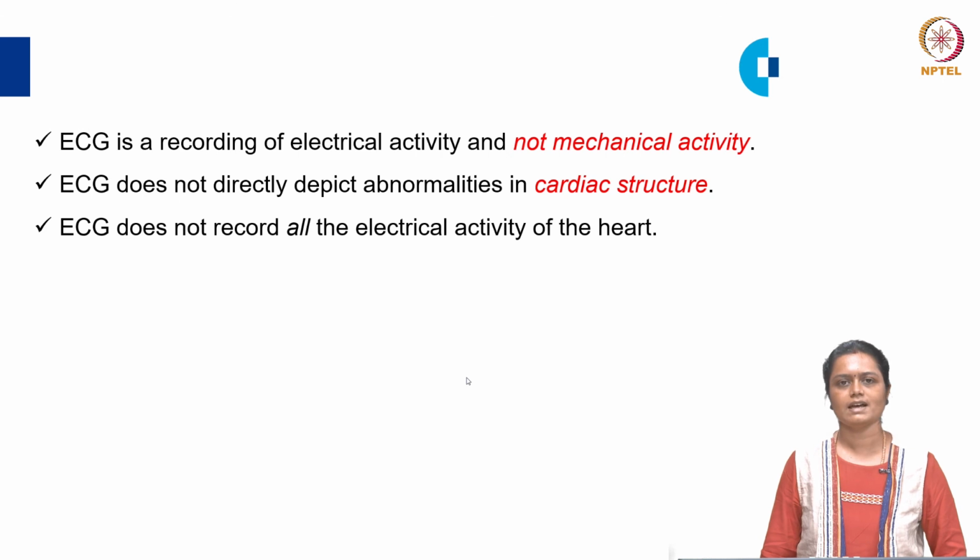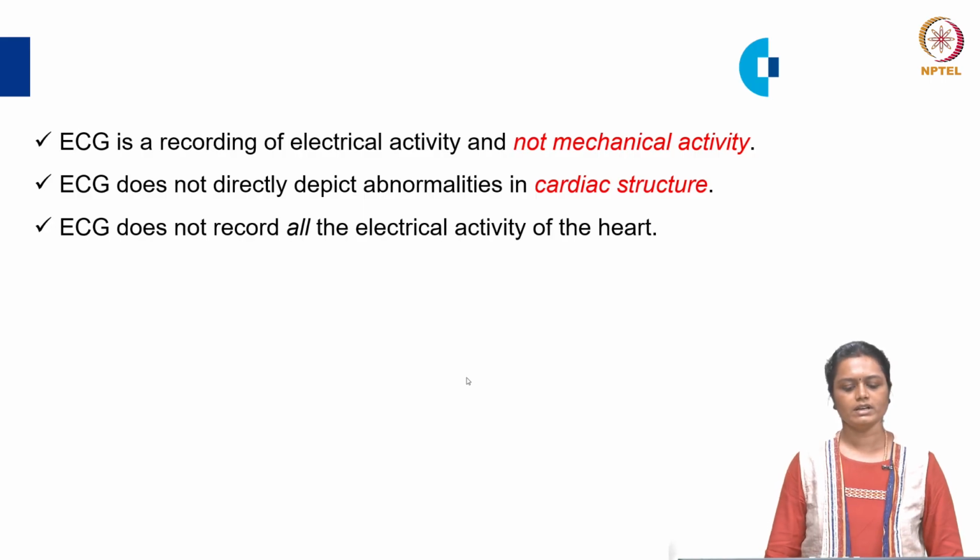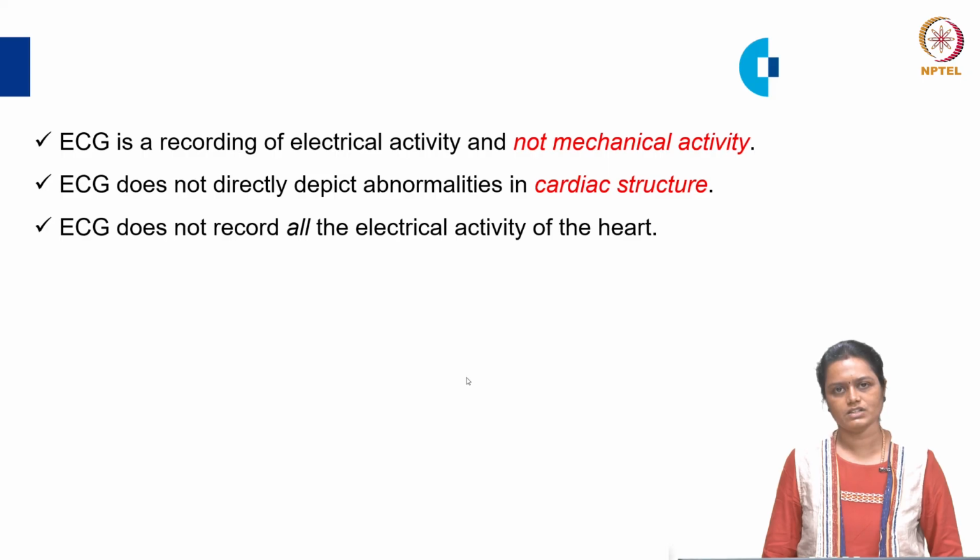So, if a patient has mitral stenosis or ventricular septal defect, it cannot be made out with the ECG. Instead, it gives only the electrical waveforms that are altered by this structural deformity. And third one is, ECG does not record all the electrical activity of the heart. This is because your surface electrodes can pick up only the waveforms which have a significant amplitude.